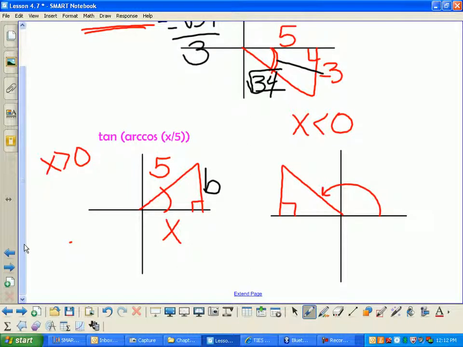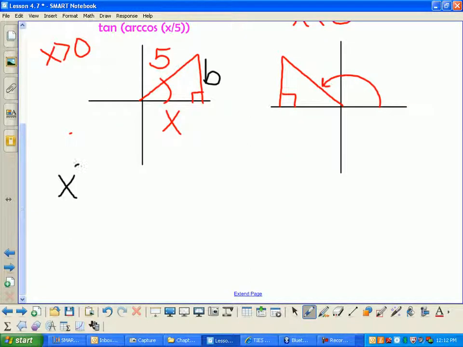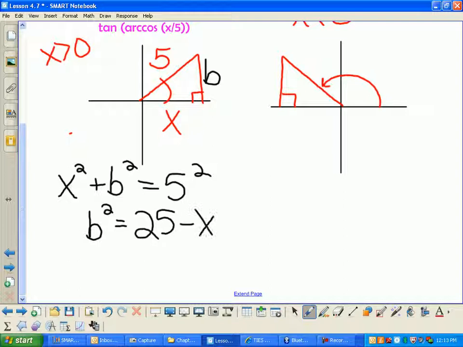If I did the Pythagorean theorem, then I would get x squared plus b squared equals 5 squared. So I'm trying to find what b is. I get b squared equals 25 minus x squared. And then to solve, I take the square root of both sides. And when you take the square root of both sides, you always get a plus and a minus.